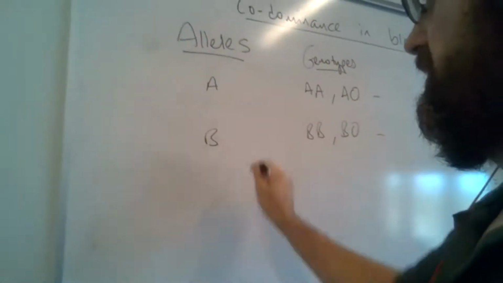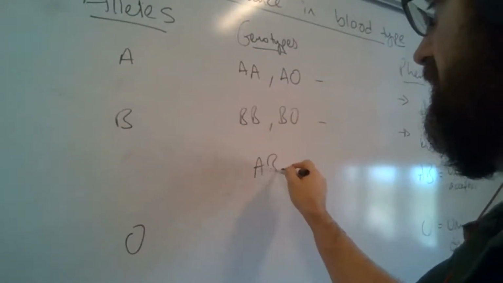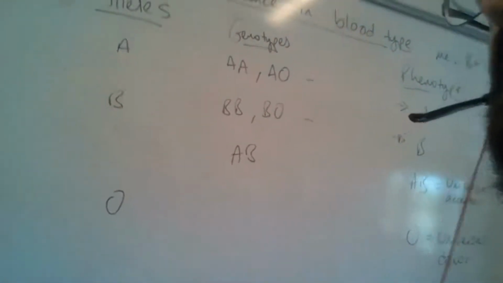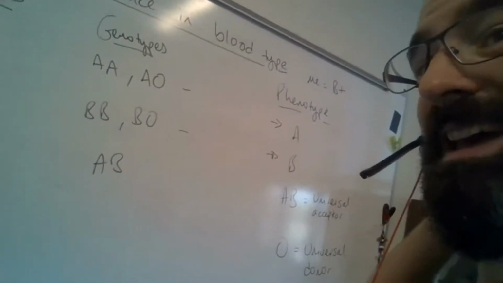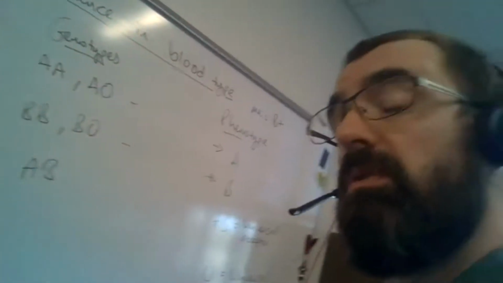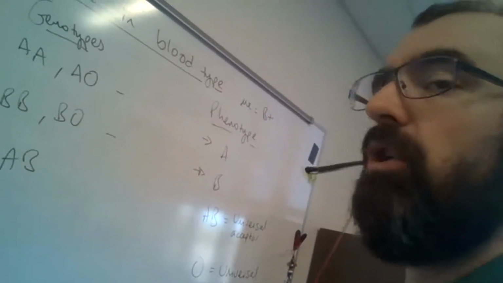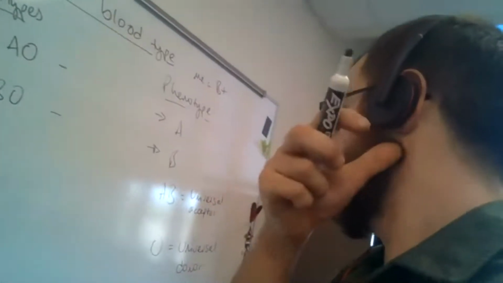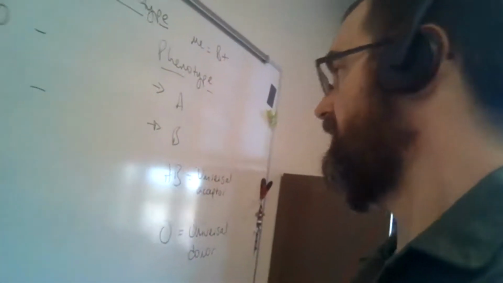Actually, let's move this a little bit further down. Now you can have AB, right? So if you have both dominant alleles together, as a heterozygote with 2 dominant alleles, it's not compound heterozygosity, which is what we talked about with diseases, I think maybe with the other class.